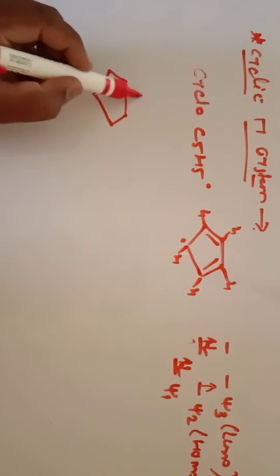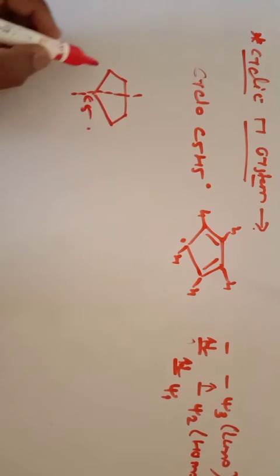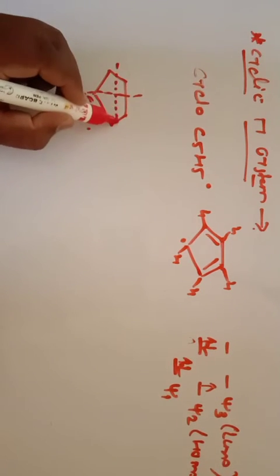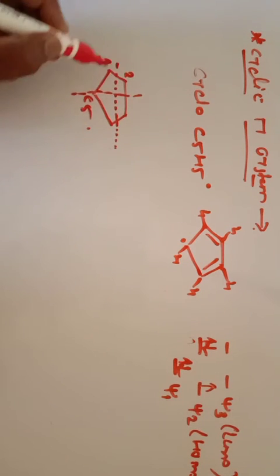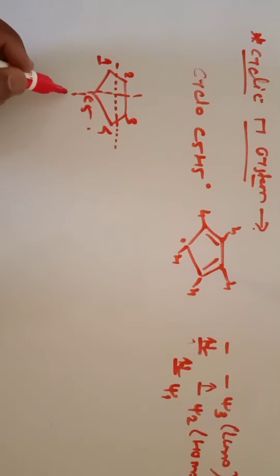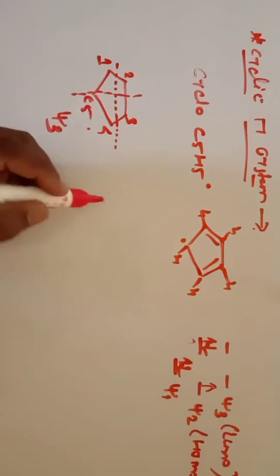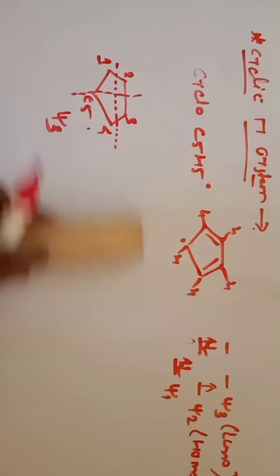We know that one node should pass through carbon number 5, and this is the node which passes between carbon 1 and 2, and 3 and 4. So this is one representation for psi 3, and the second one is like this. I will draw like this.